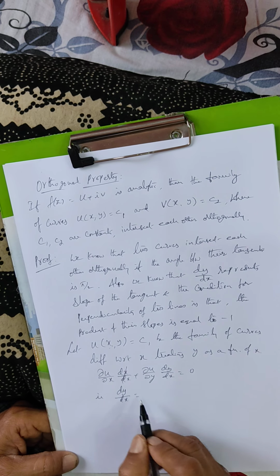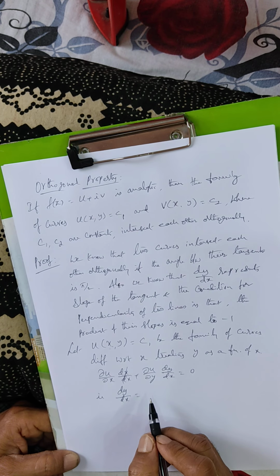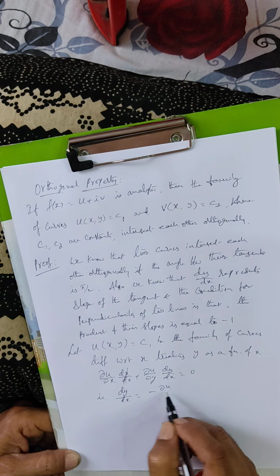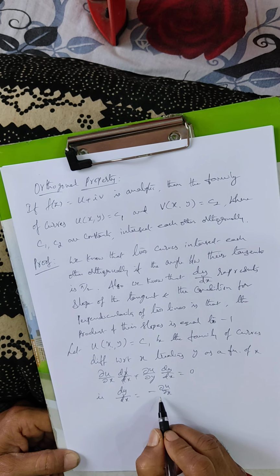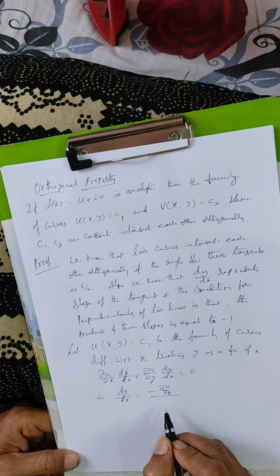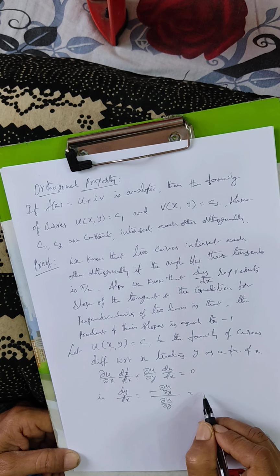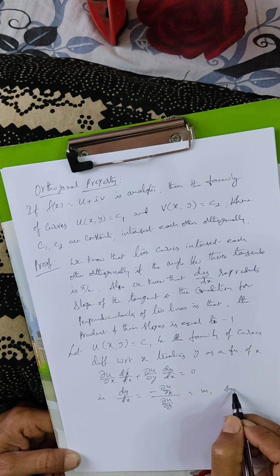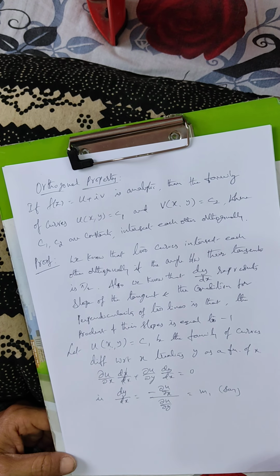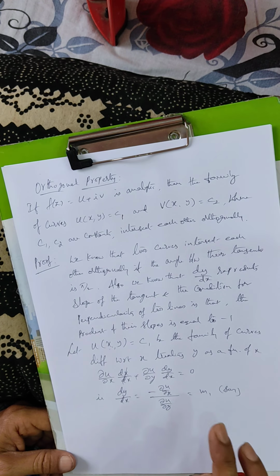Here dx by dx gets cancelled, so dy by dx is equal to minus dou u by dou x divided by dou u by dou y. So that is m1, for the curve u of xy is equal to c1.